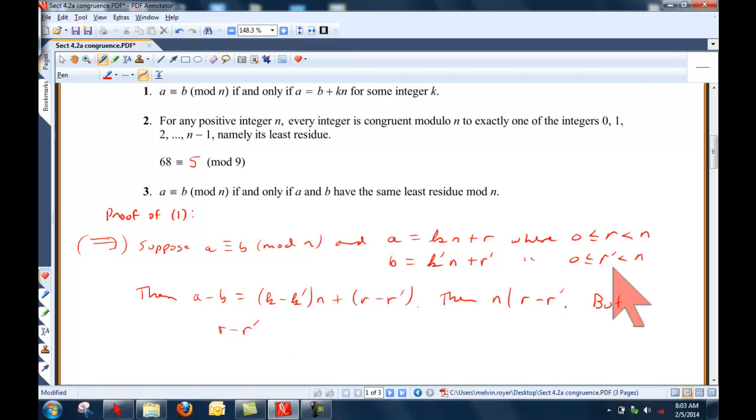Both r and r prime are greater than or equal to 0 and less than n. So if you think about taking two integers, say between 0 and 10, and subtracting them and asking how big could that get or how small could that get, this is going to be trapped between negative n and positive n, with strict inequality here, because I have strict inequality here.